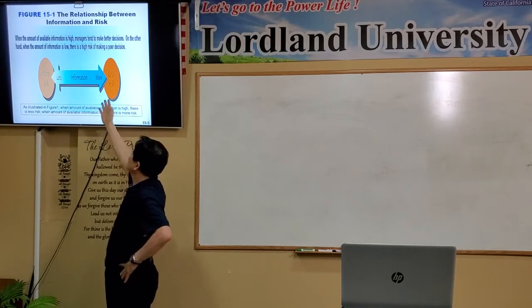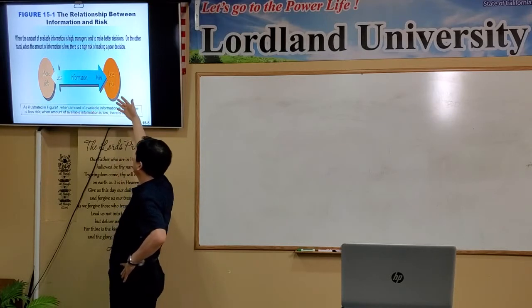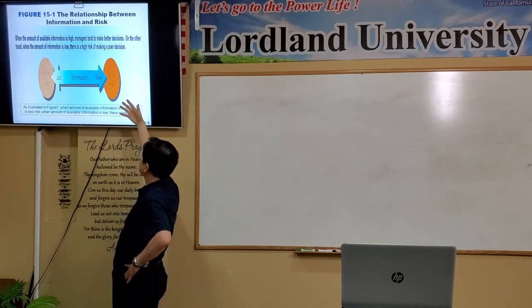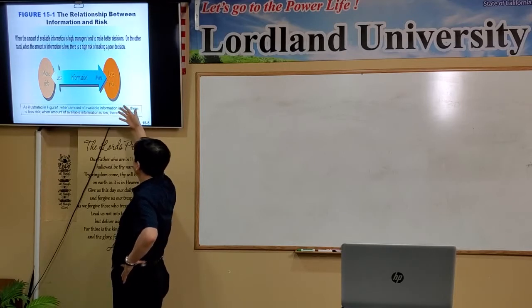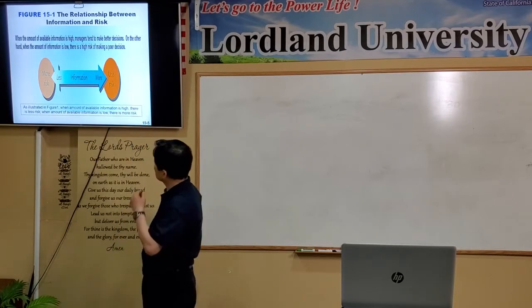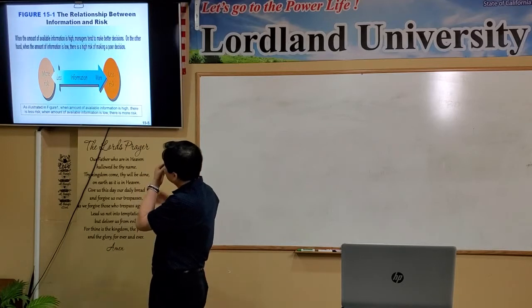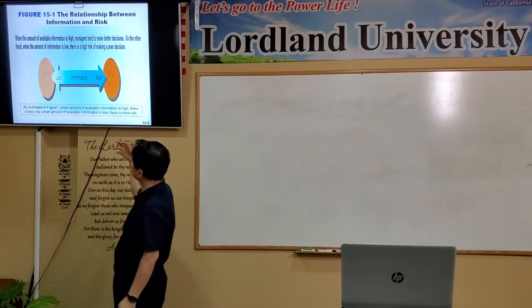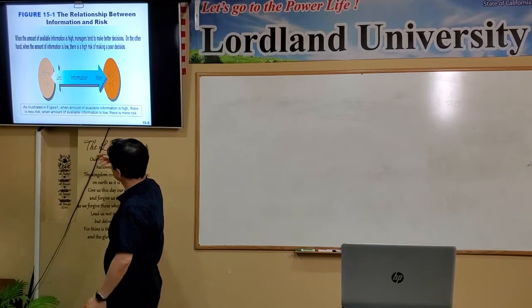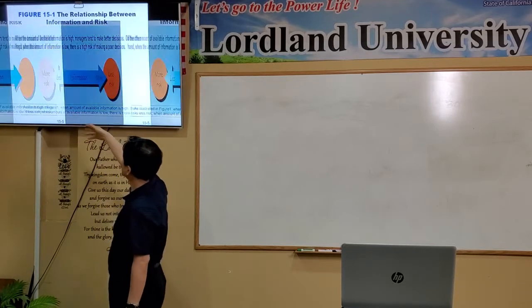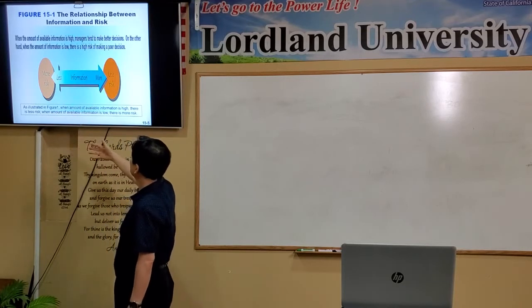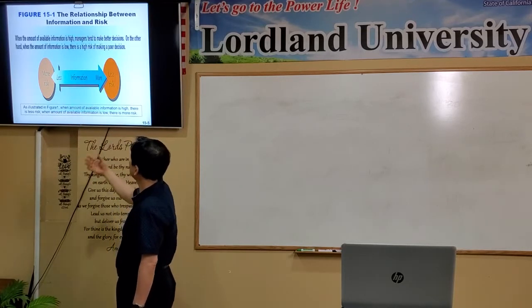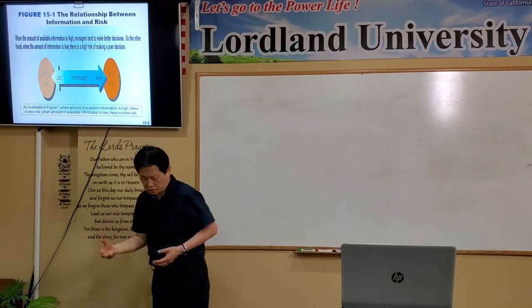When information is more plentiful, managers can make better decisions based on the risk. On the other hand, when the amount of information is lower, there is a high risk of making poor decisions.